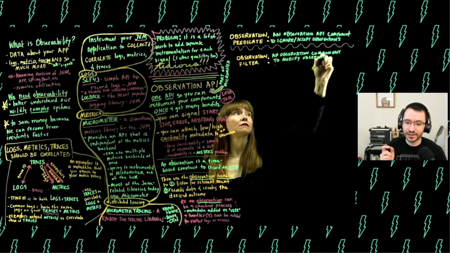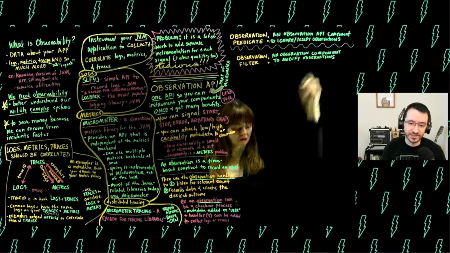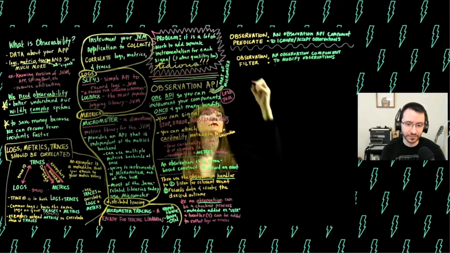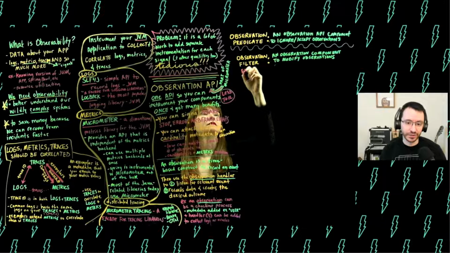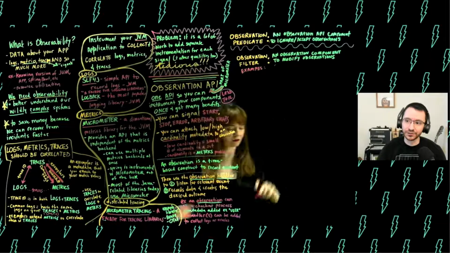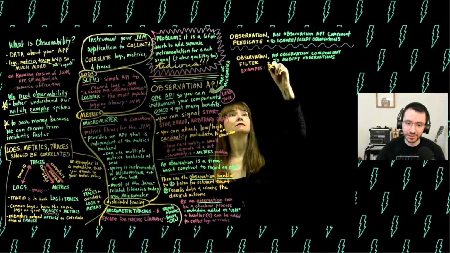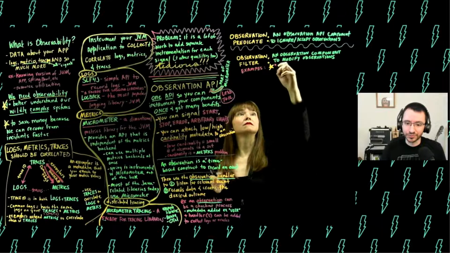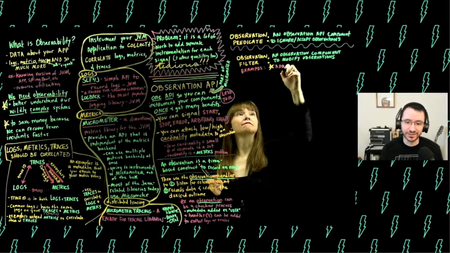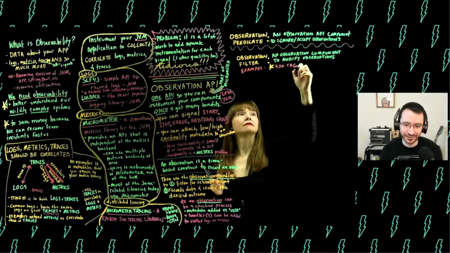Or let's say that a tag is missing that you want to add, for example, the name of your application. When somebody recorded the observation inside of that HTTP client, they did not know the name of your application, since the library is used by millions of users and everyone has a different application.